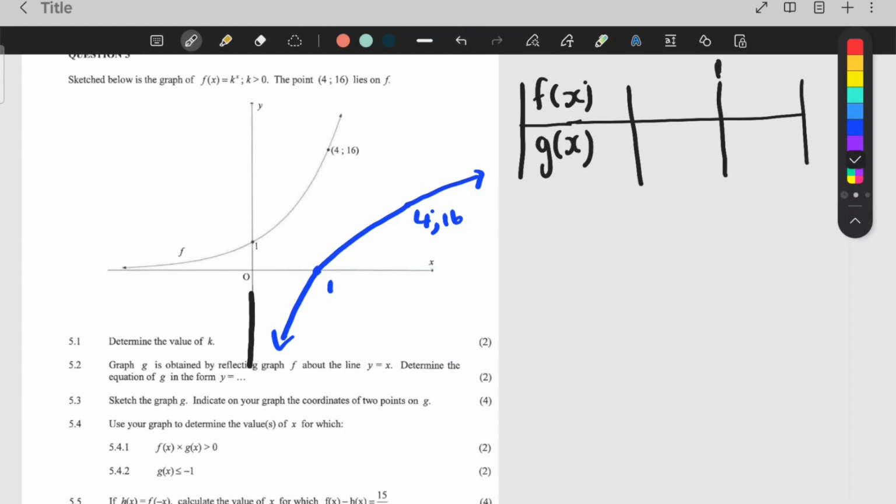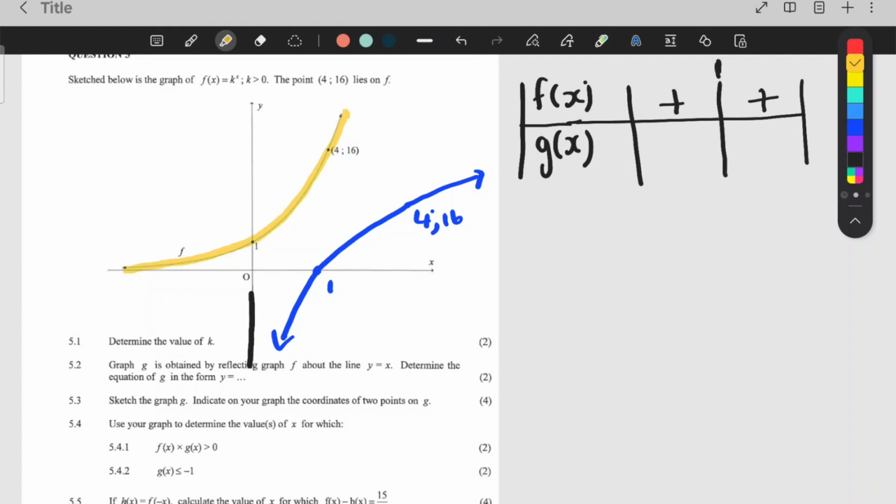For f of x, I ask myself, is the graph above or below the x-axis? Moving from here up until forever, this graph is always above the x-axis. So before 1 and after 1, it's always above.